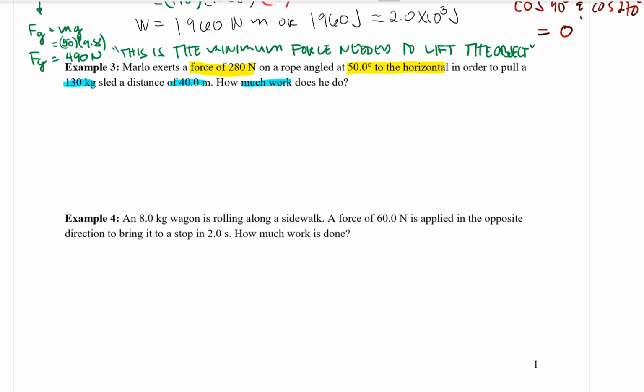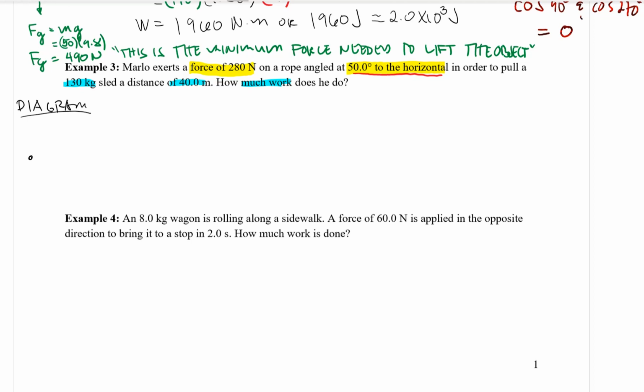Since he is exerting 280 newtons of force, it's the same thing as asking, with that 280 newtons of force, how much work does he do with that particular applied force. But we need to remember that it is angled off at 50 degrees. So if we start with a diagram, we have our box or the sled.